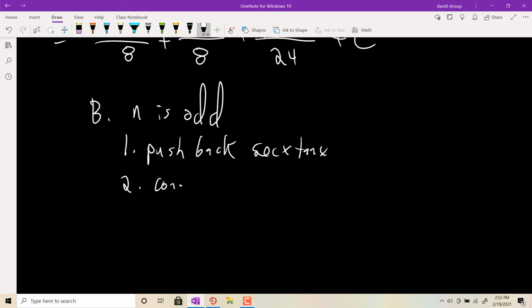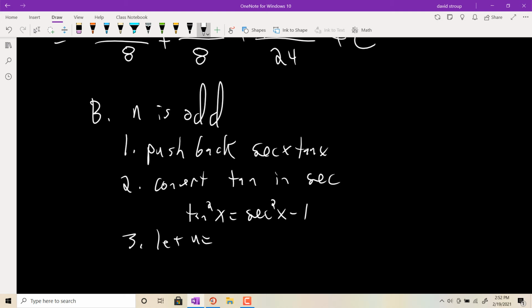So convert the remaining tan into secants using your Pythagorean identity: tan squared x is equal to secant squared x minus 1. Thirdly, let your u equal what? U equal secant.